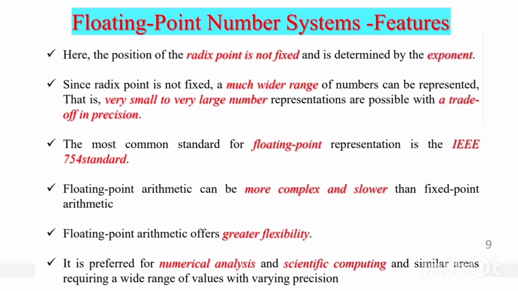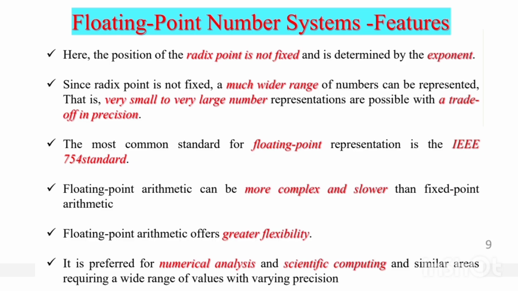Since the radix point is not fixed, a much wider range of numbers can be represented, from very small to large numbers, with a trade off in precision. For example, if we are going for a lower number of bits, the precision will be lower, and if we are going for a higher number of bits, precision will be better.